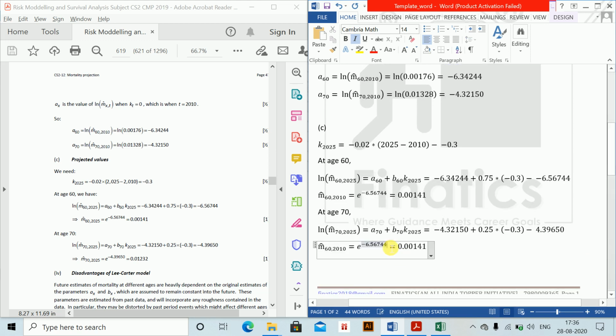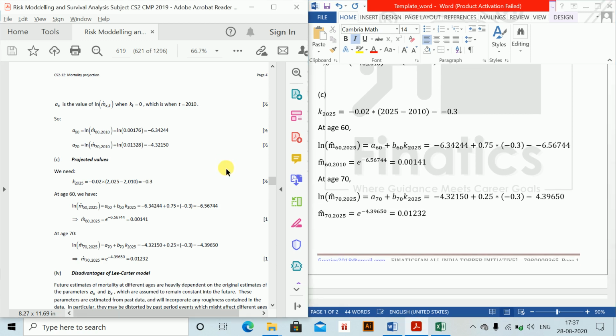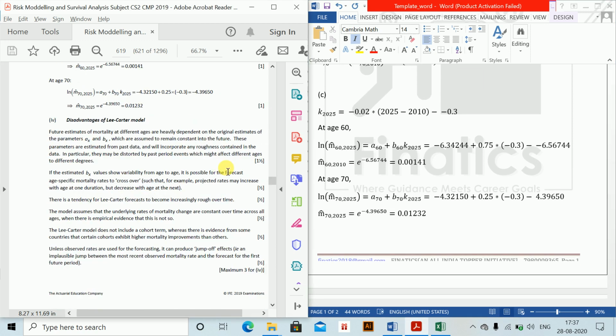So m(70, 2025) is equal to e to the power of minus 4.39650, which is equal to 0.01232. Simple. The disadvantages of the Lee-Carter model are given to us, which we don't need.